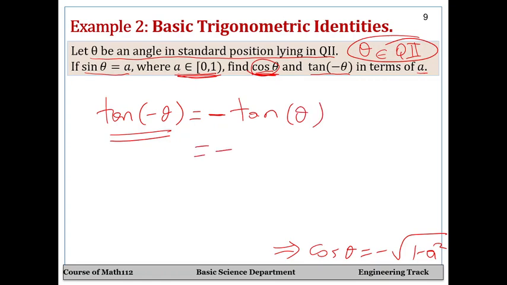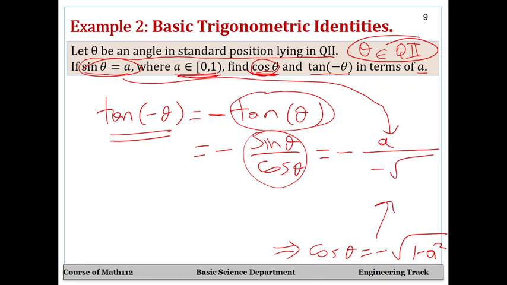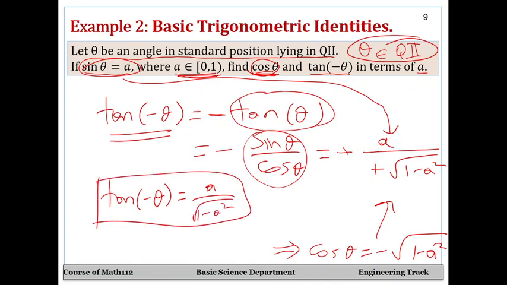This is tangent theta, which is sine theta over cosine theta. So we get minus sine theta, which is A, over cosine theta, which is minus the square root of 1 minus A squared. Minus minus makes plus. So tangent of negative theta turns out to be A over the square root of 1 minus A squared. We are done with this.